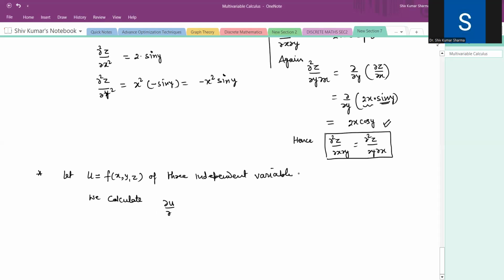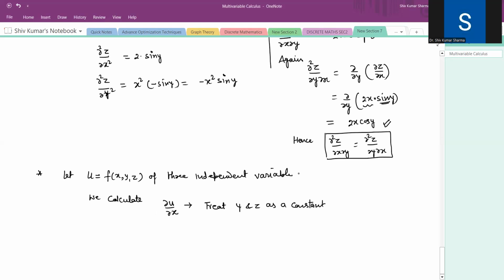So we calculate ∂u/∂x. While calculating ∂u/∂x, we treat y and z as constants. So our working variable is x.